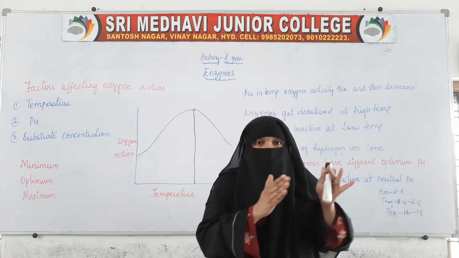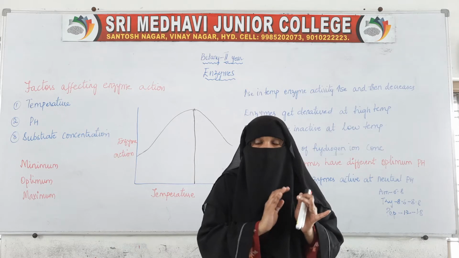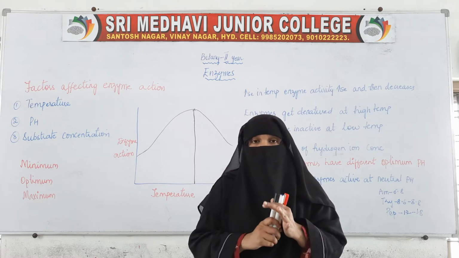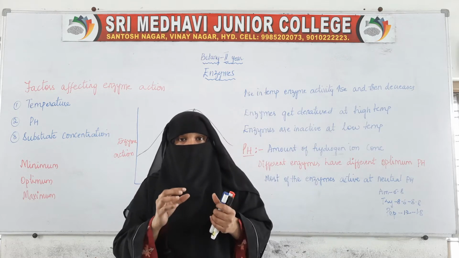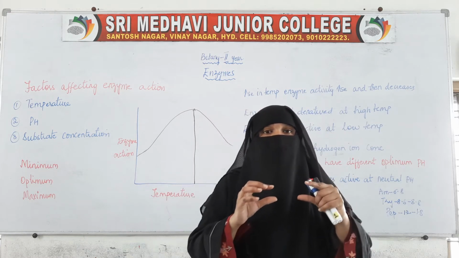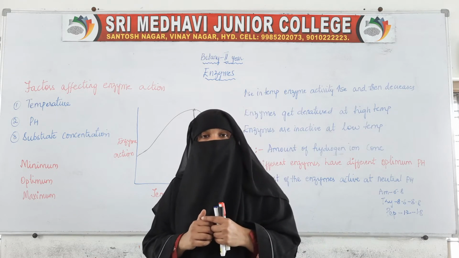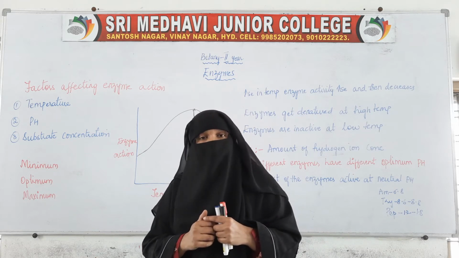Minimum is below which there is no enzymatic activity, maximum is beyond which there won't be any enzymatic activity, and optimum is the point where we find the maximum enzymatic action.